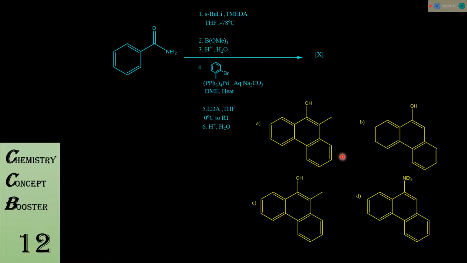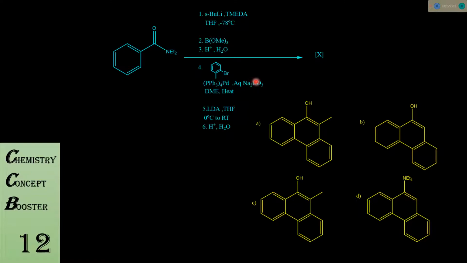So now, this is the chemistry council booster 12. This is an amide, and the reagent is s-butyl lithium, TMEDA, B(OMe)3. You can see that this is the reagent of some coupling reaction.